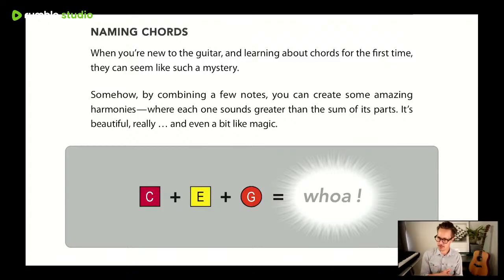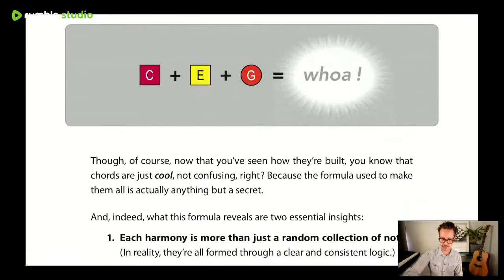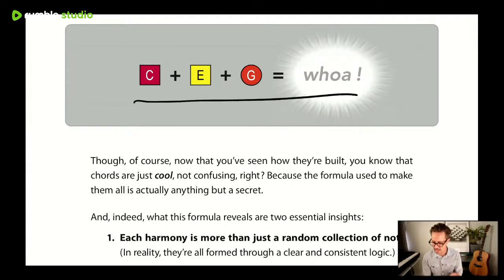When you're new to the guitar and learning about chords for the first time, they can seem like such a mystery. Somehow, by combining a few notes, you can create some amazing harmonies where each one sounds greater than the sum of its parts. It's beautiful, really, and a bit like magic. And I'll say as a sidebar, I used to think this is just how chords were made, is you just combined notes, almost like math in this illustration here, and it's just, whoa, wow, that harmony sounds amazing.